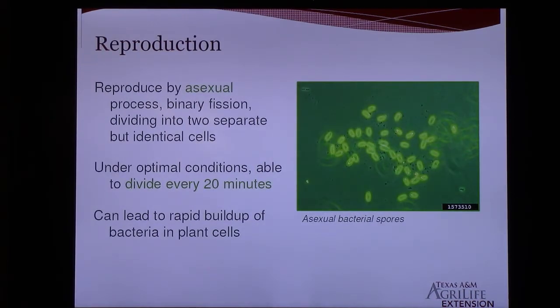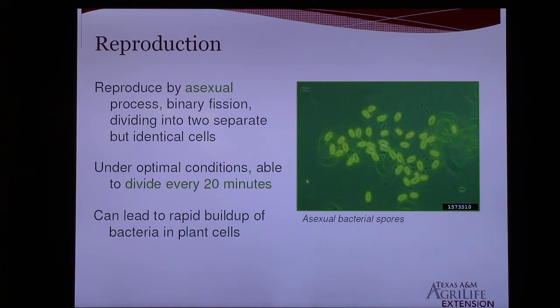They reproduce asexually, by binary fission. They are designed such that they can just split in two through a binary fission process. And whenever they split by binary fission, you've got two separate but identical cells.